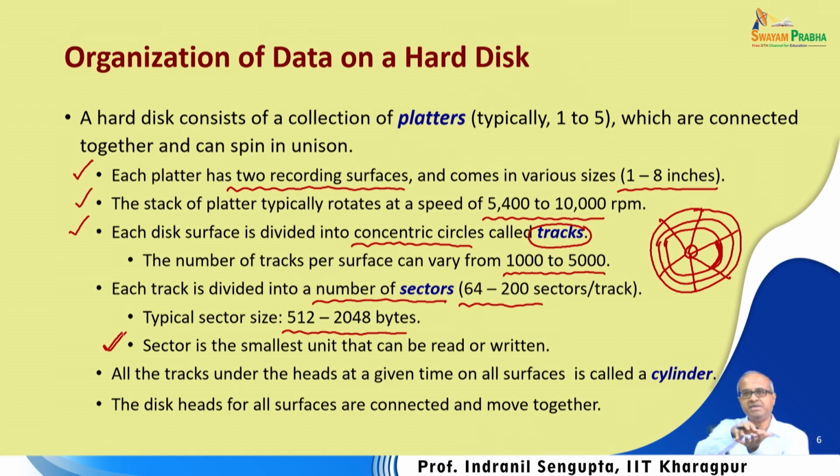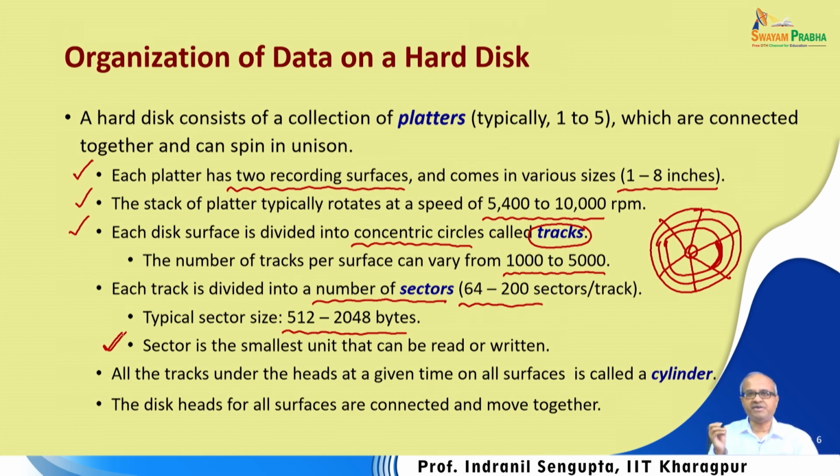And if you imagine that there are multiple platters sitting one on top of the other, if you consider the same track number on all the surfaces, let us say track number 10 on all the surfaces, they will look like a cylinder, one track here, one track on top of it, another track on top of it. So, all look like a cylinder.